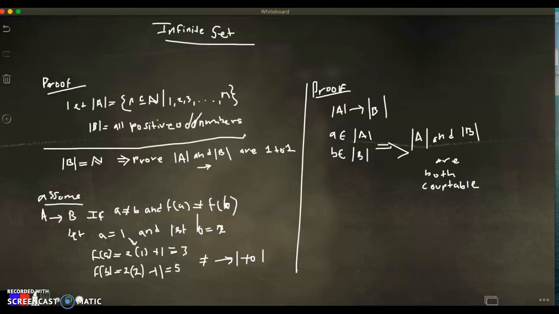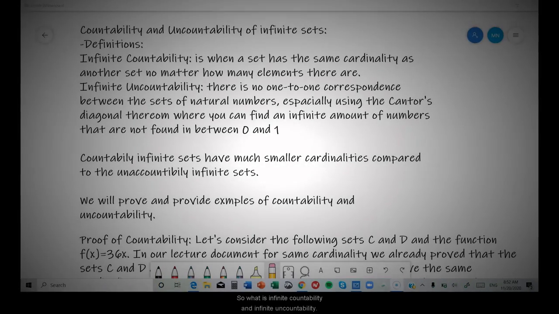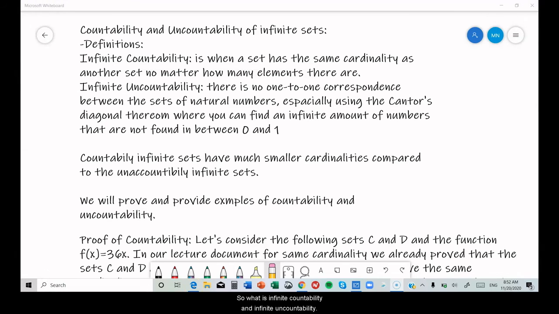There you go. So what is infinite countability and infinite uncountability? Well, as we defined up here, infinite countability is when two sets have the same cardinality, no matter how many elements there are within those two sets. As long as they have the same cardinality, they're countable. Infinite uncountability is when there is no one-to-one correspondence with the set of natural numbers.